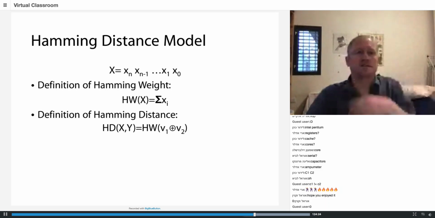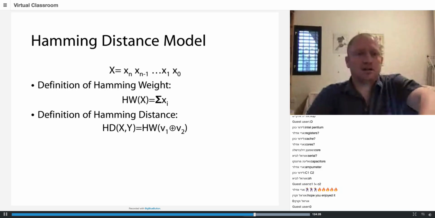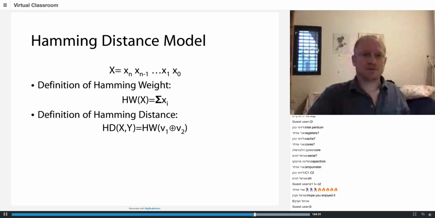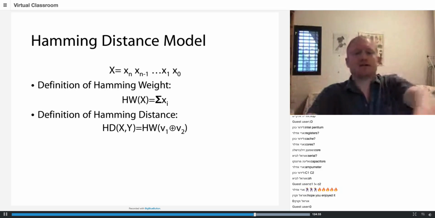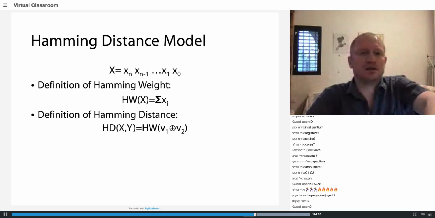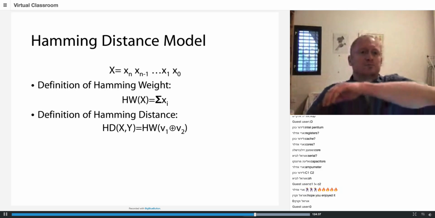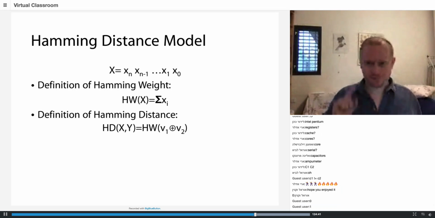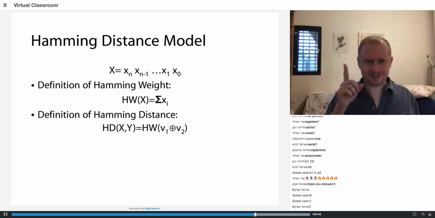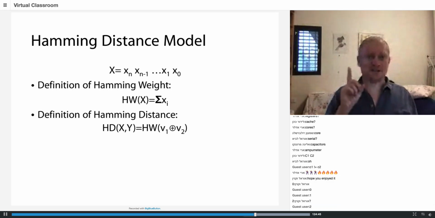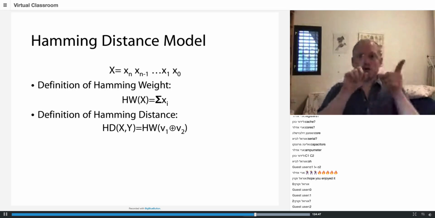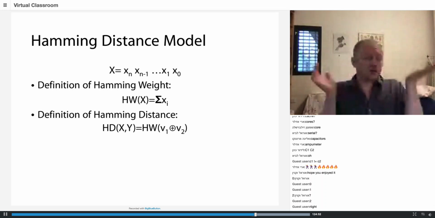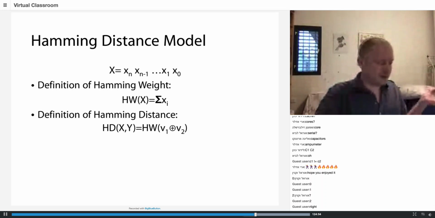What is the Hamming distance of 0 and 1? Okay, right. What is the Hamming distance of 2 and 1? Think again. Okay, it's 2, right? Because this is 1, 0, and this is 0, 1. So actually it changes 2 bits. So why does this help me as an attacker?